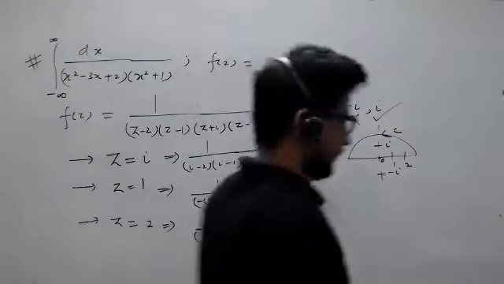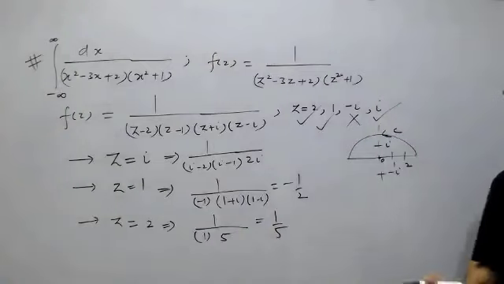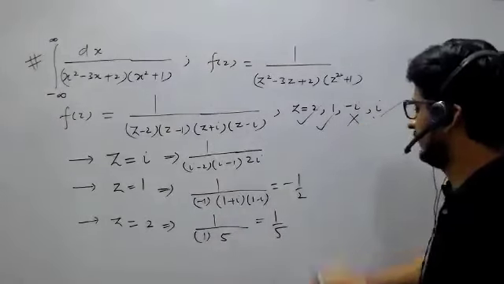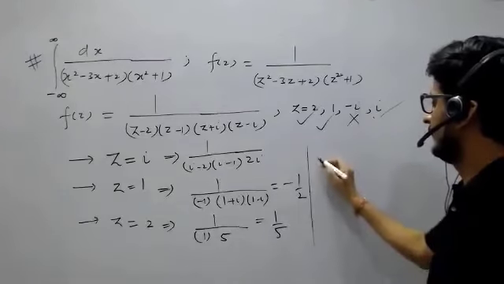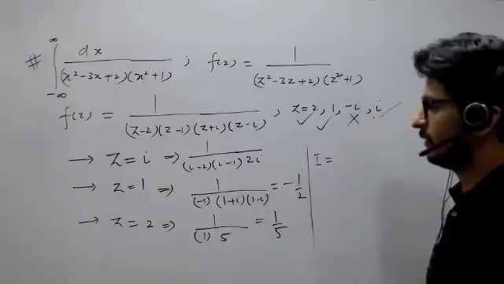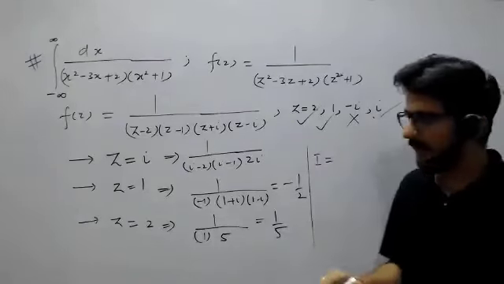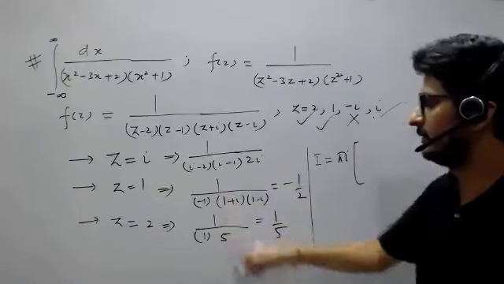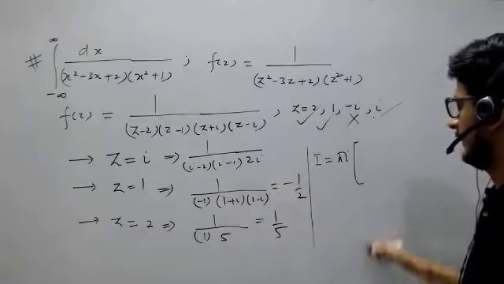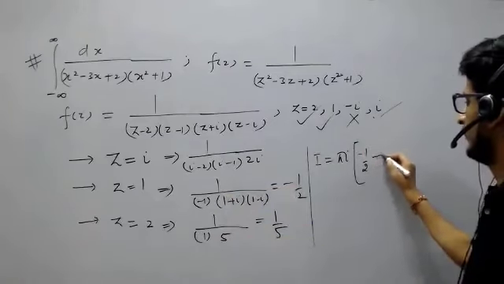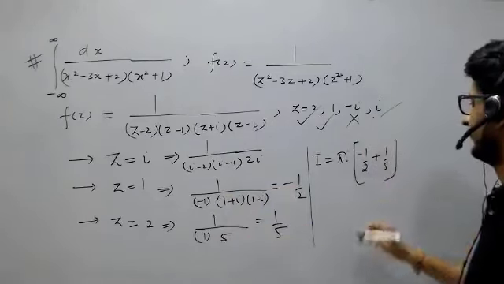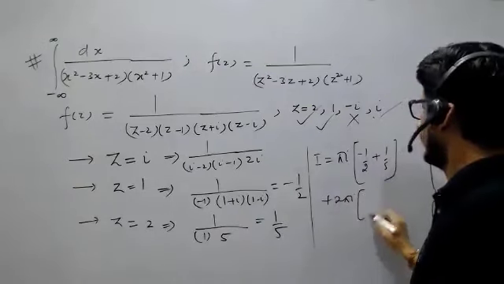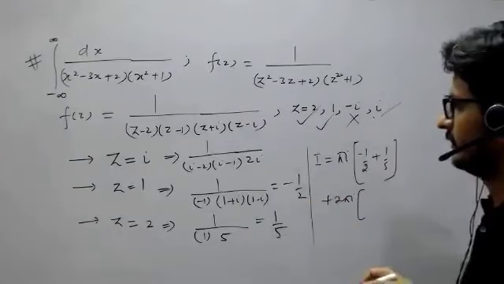Okay? So now the final answer. Time to write the final answer. That will be I is equal to pi I into sum of residues for this, and it is minus 1 by 2 plus 1 by 5, and plus 2 pi I and sum of residue.